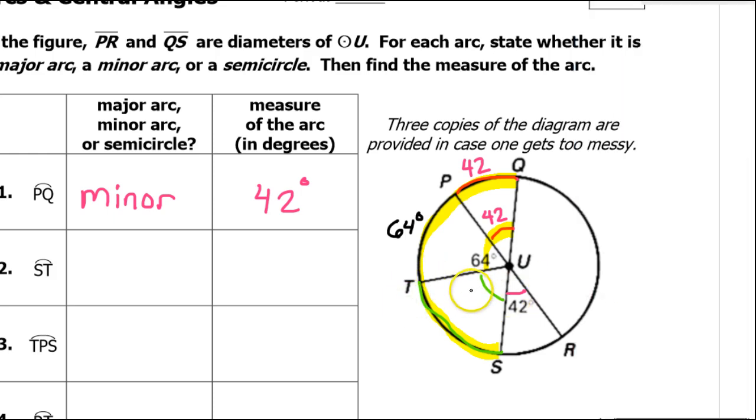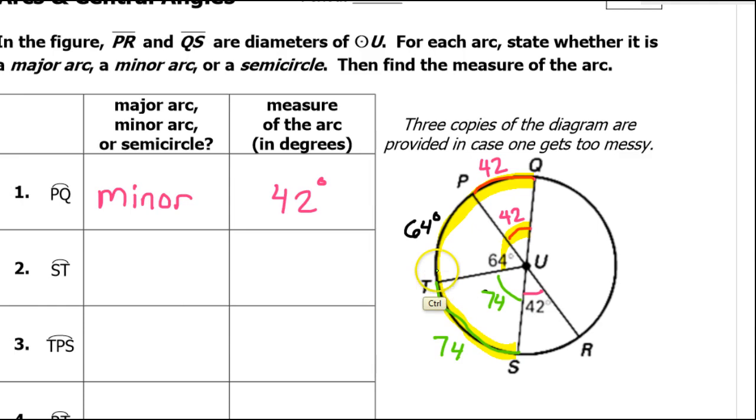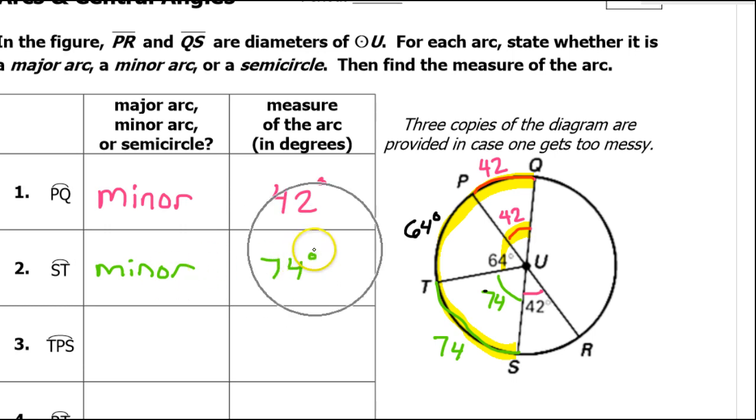Which means that this angle and this arc are 74 degrees. All right, this is a minor arc. It is less than 180. It is 74 degrees.